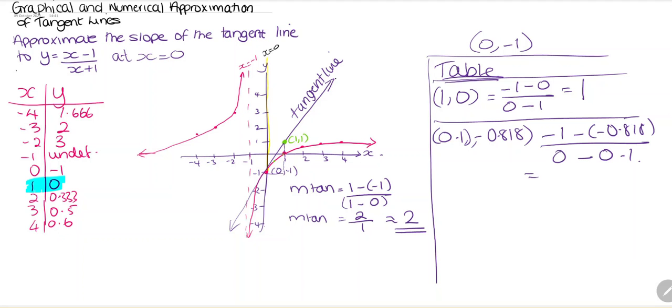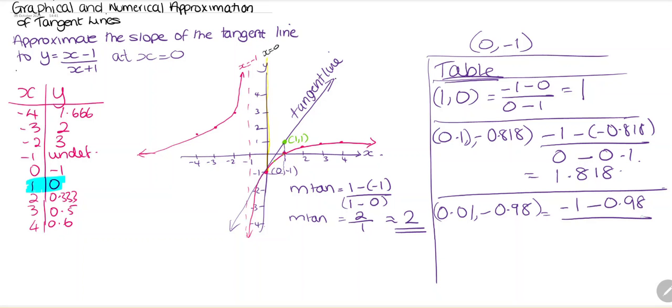If we work this out, we're going to have 1.818. And if we chose another value and we went for 0.01, which is closer again, this would be minus 0.98. So the difference in the y's is minus 1 minus 0.98 divided by 0 minus 0.01, and the result is 1.98.